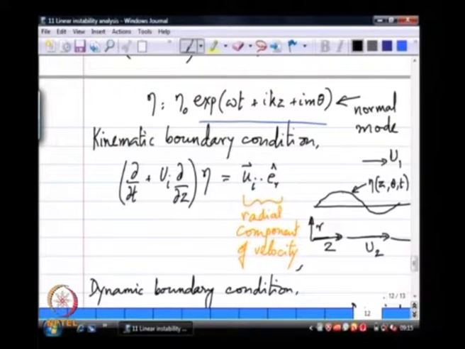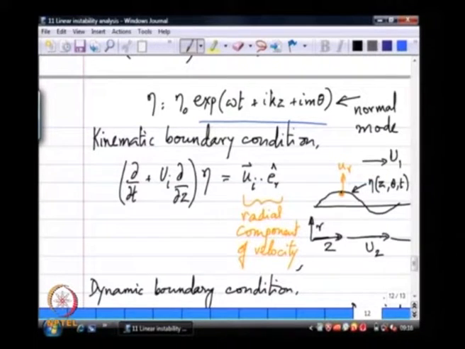If I take a material point on this free surface, I am going to use a different color for that. If I take a material point on the liquid jet surface, this material point inside the liquid has a radial velocity u r, which is given by the perturbation field ui dotted with e r. So the magnitude of this radial velocity u r is given by ui dotted with the radial unit vector e r.